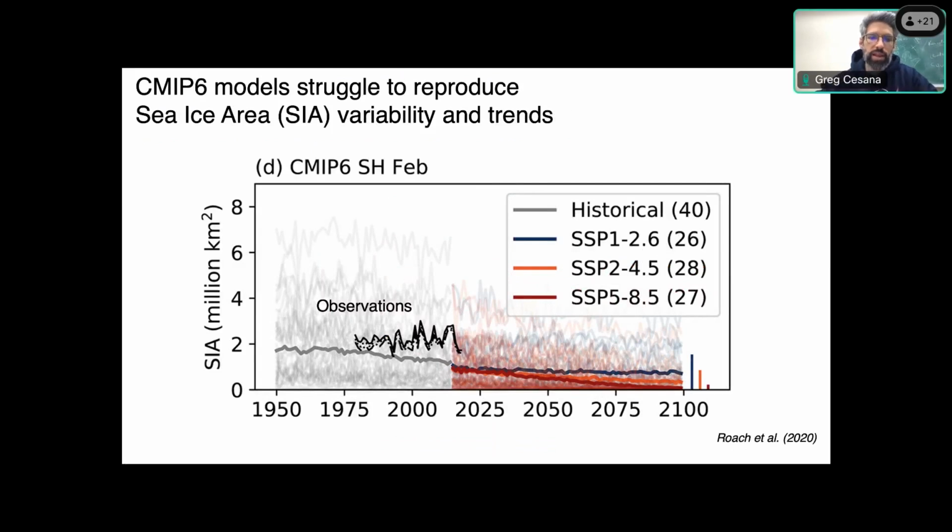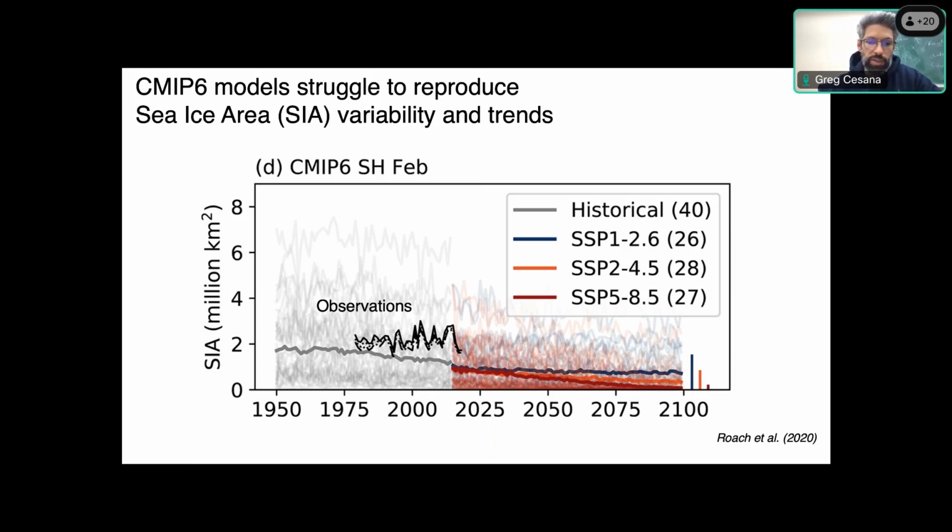Okay, so in the next slide, I'm showing results from Roche et al. 2020. And here they show that the CMIP models in general struggle to reproduce the sea ice area variability and trends. And this is a time series of sea ice area for the 40 CMIP models for the historical period in gray, and then for different emission scenarios in the future.